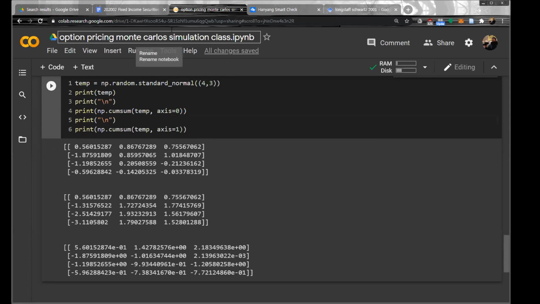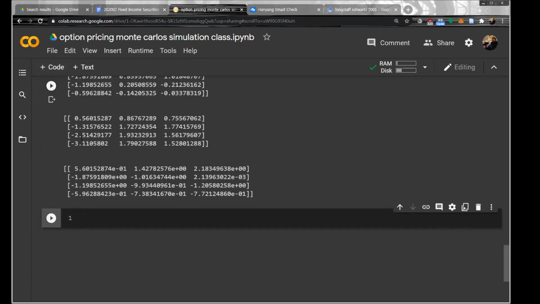That's why we need to generate a matrix of random numbers, and then we need a cumulative sum, because the stock price at time t is the cumulative sum of the previous shocks, stock returns, right? So let me start.